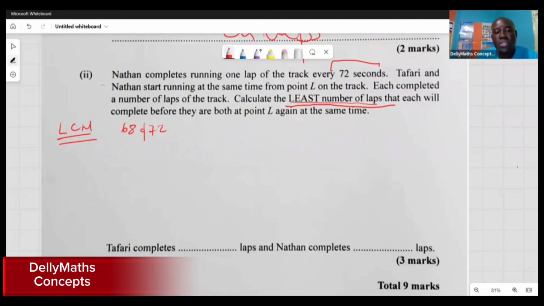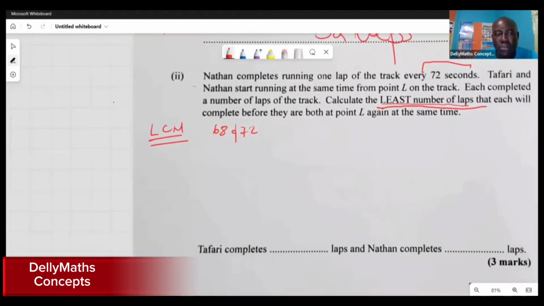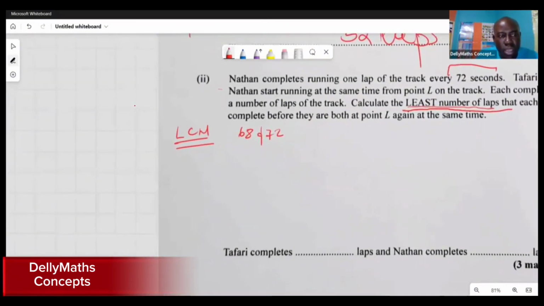Quickly, we could use prime factorization, right? If I know the prime factors for 72, I could simply break 72 down into prime numbers. So 2 times 36, then 2 times 18, then 2 times 9, and then 3 times 3 gives 9. So what I'm doing is breaking down each number using prime numbers.